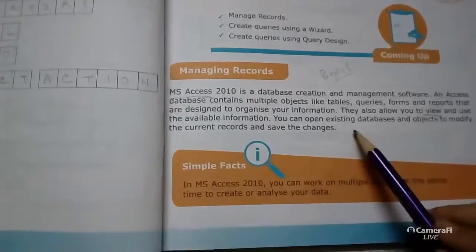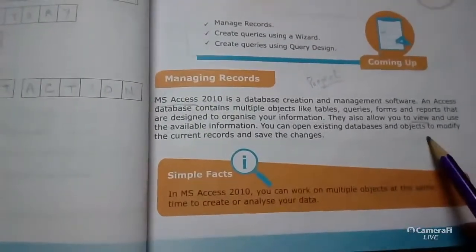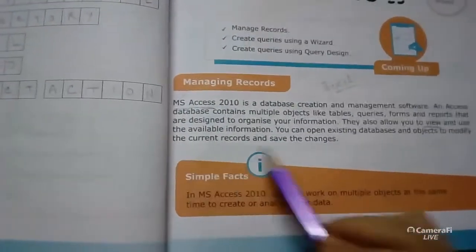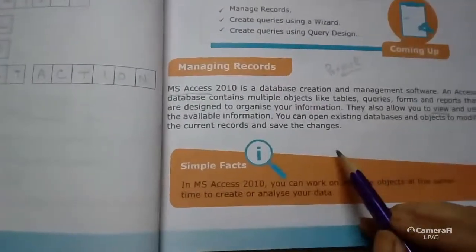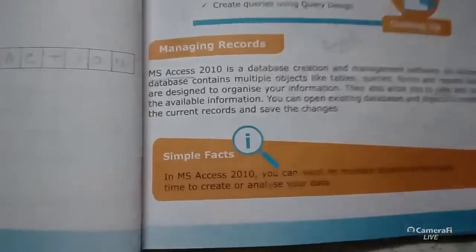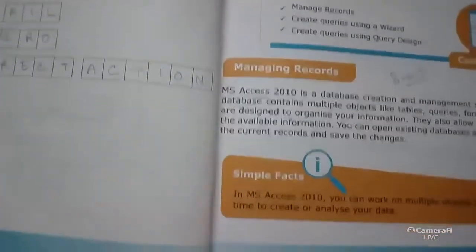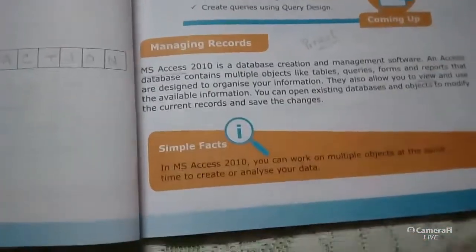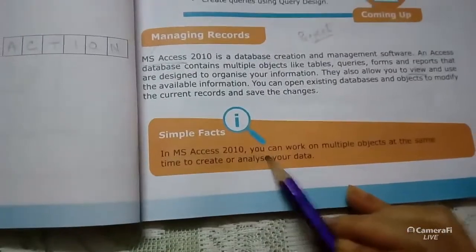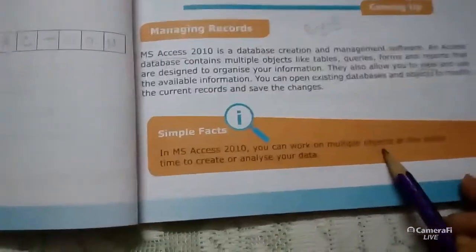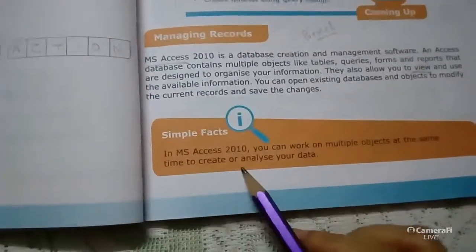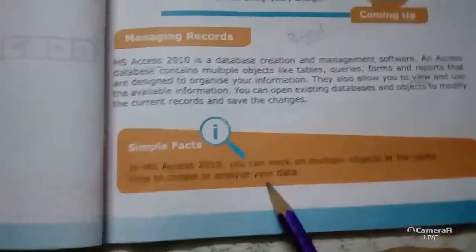You can open existing databases and objects to modify the current records and save the changes. That means you can modify it and you can save the changes. In MS Access 2010, you can work on multiple objects at the same time to create or analyze your data.